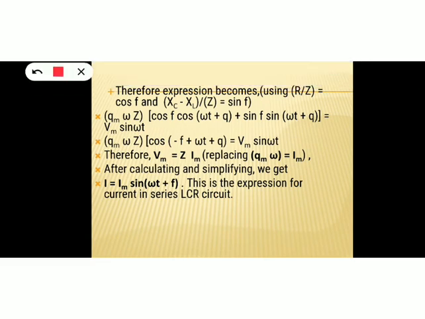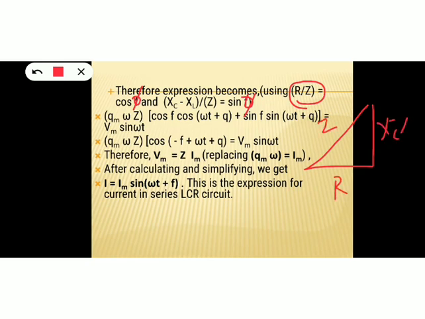Then the expression becomes, instead of R by Z you can substitute cos φ, and instead of (Xc minus XL) by Z you can substitute sin φ. How is it possible? I hope you remember the impedance diagram. This is Z, this is R, this is Xc minus XL, and this is our phase angle φ.